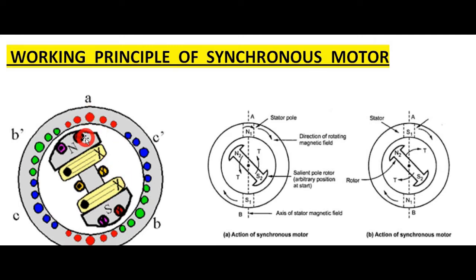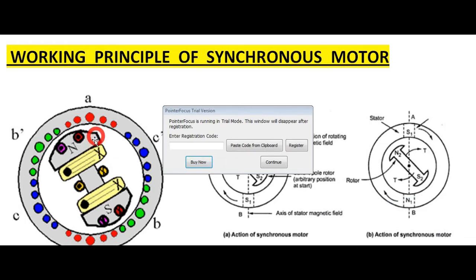Due to the force of attraction between the two poles, both of them go into the magnetic locking condition. Once the magnetic lock is established, the rotor continuously experiences a unidirectional torque in the direction of the rotating magnetic field, RMF, as the rotor rotates at synchronous speed, and it will be in synchronism with the RMF. I will be discussing the RMF, don't worry.